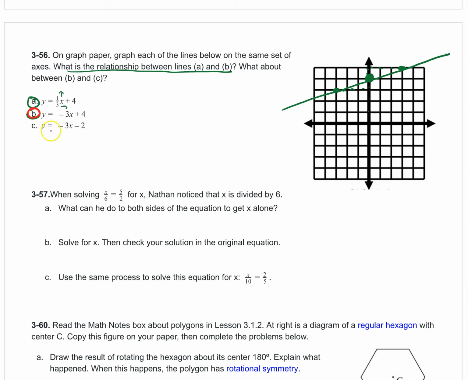B we'll do in a different color, red. It has a starting point of positive 4, same starting point, but this time the slope is negative 3. It's a whole number, put it over 1. So that's down 3 over 1. Negative 3 over 1 means go down 3, then go to the right by 1. So go down 3 over 1, down 3 over 1.